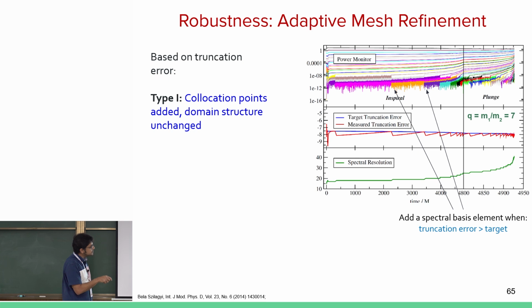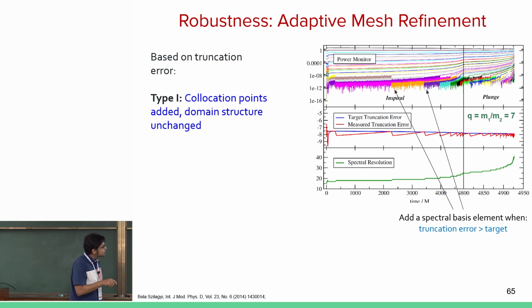It increases, and then we add one more basis function or one more grid point. For example, the yellow grid point here is just appearing out of nowhere, and this drops the truncation error over here. So this is how we, in real time, make sure that our grids are able to resolve the fields we are solving for, right? Without having to do it humanly.